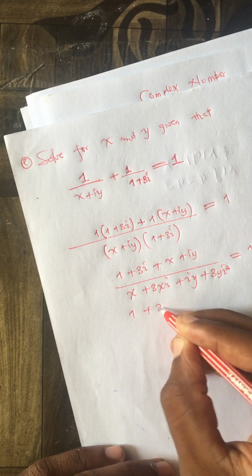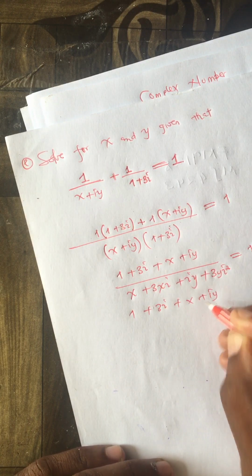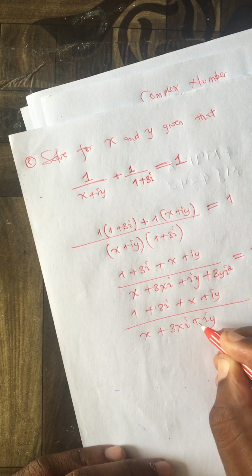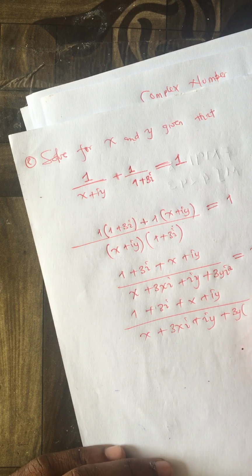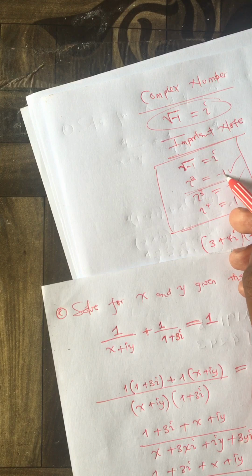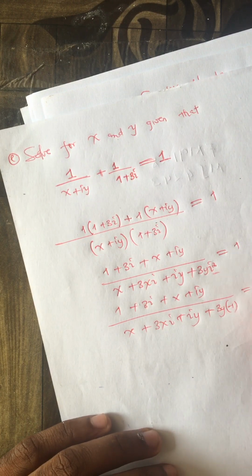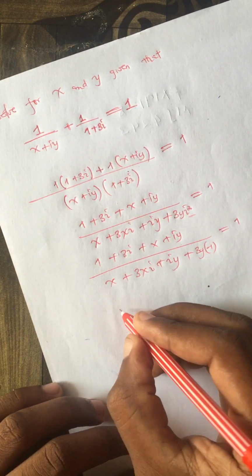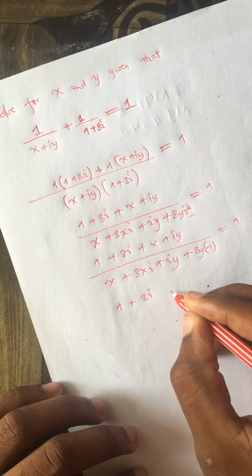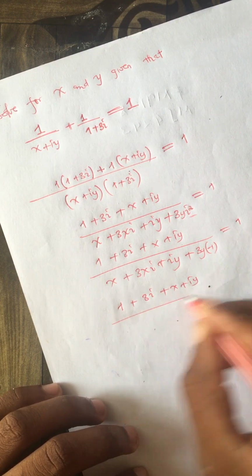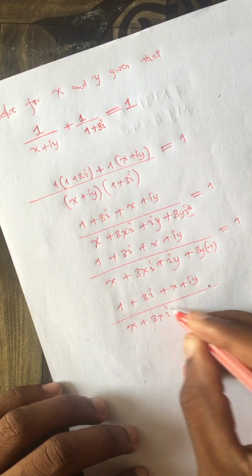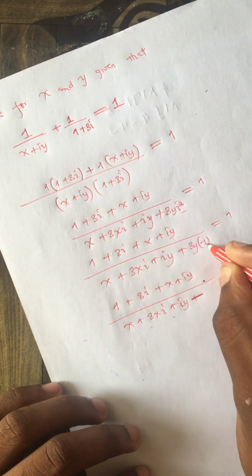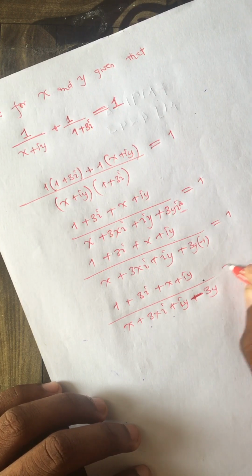So we rewrite this: 1 plus 3i plus x plus iy over x plus 3xi plus iy, then minus 3y, because if you multiply with a negative it will be minus 3y, which is equal to 1.